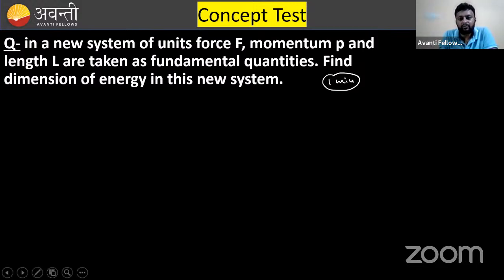Can anyone solve? Are you solving this question? Be responsive in the comment box.